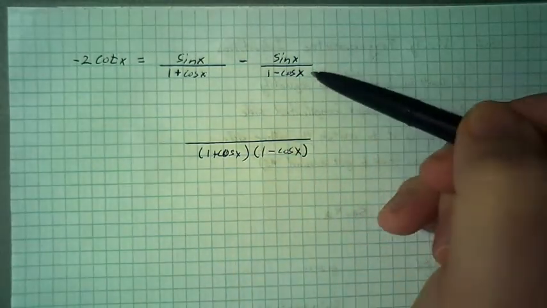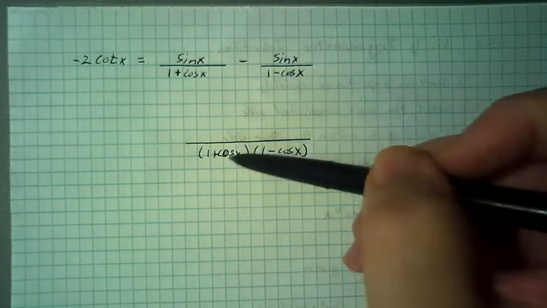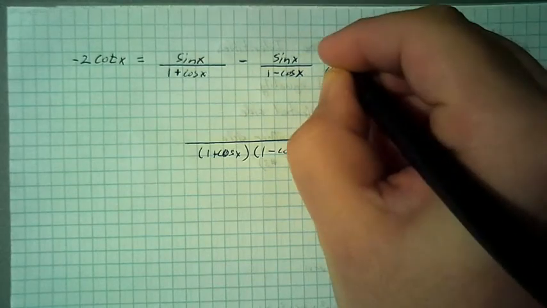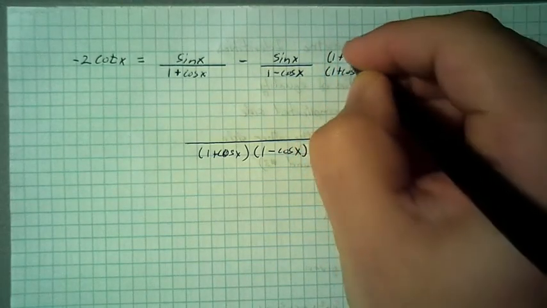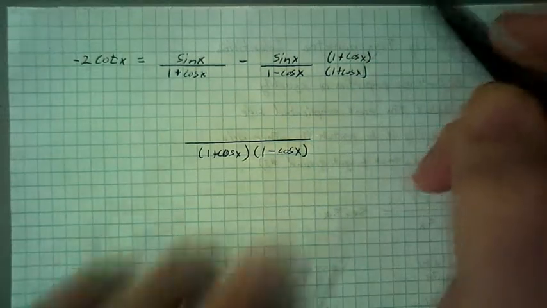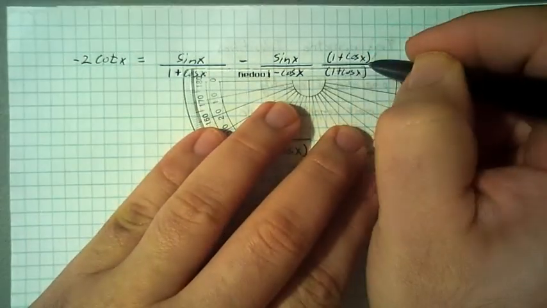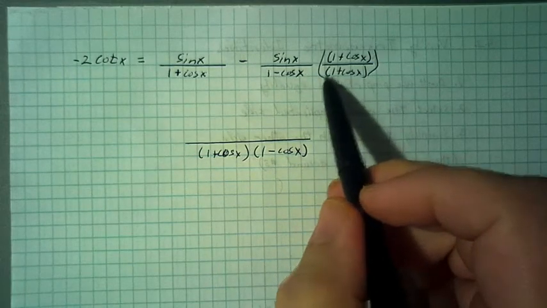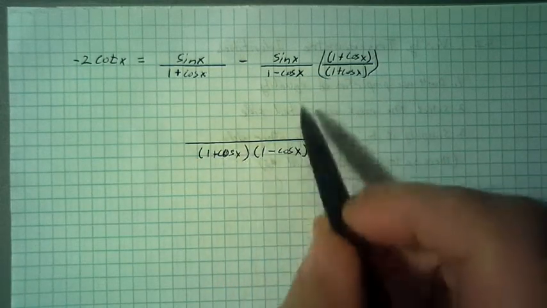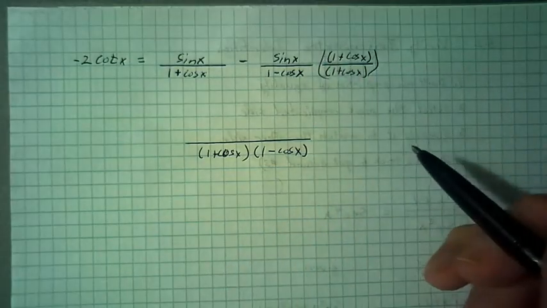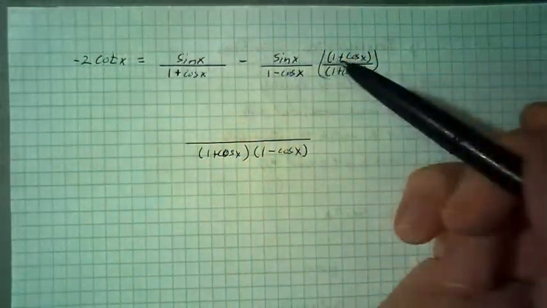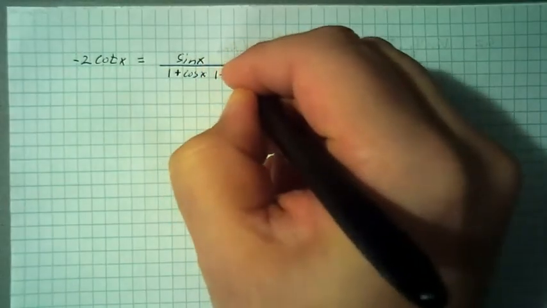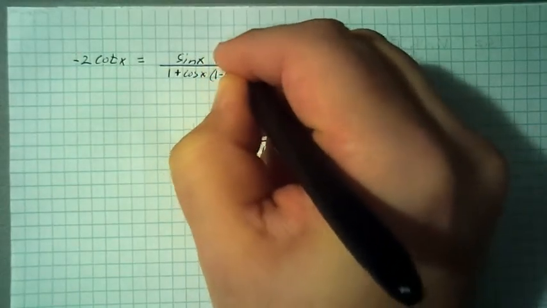So if I'm looking up here, this one has a 1 minus cosine. I have to multiply by 1 plus cosine. Now I'm not allowed to multiply on both sides, but I can multiply by 1 anywhere I like all the time ever. So I can multiply the bottom of this fraction by 1 plus cosine of x to make it my least common denominator, as long as I also multiply the top. And similarly, I'm going to multiply this one by 1 minus cosine x over 1 minus cosine x.